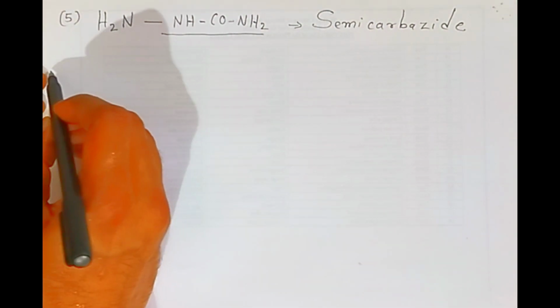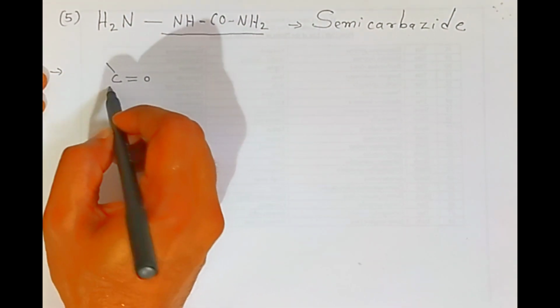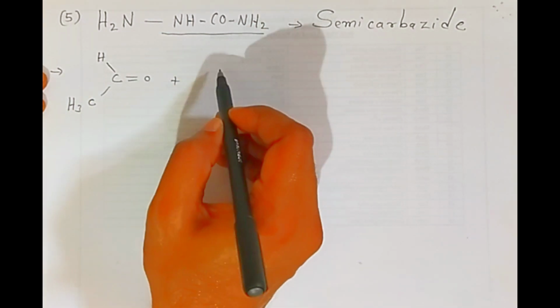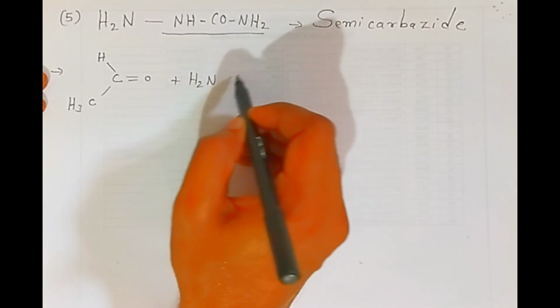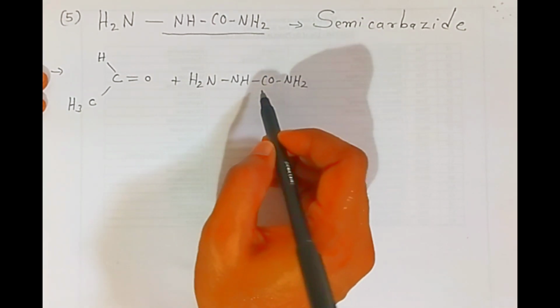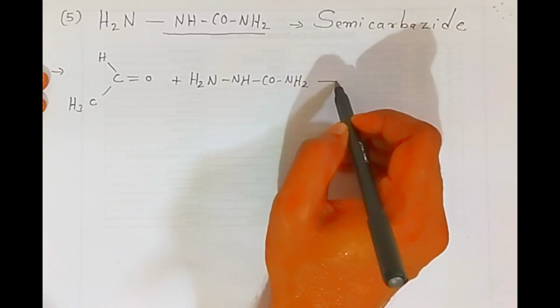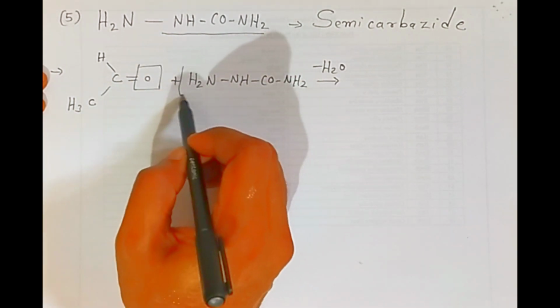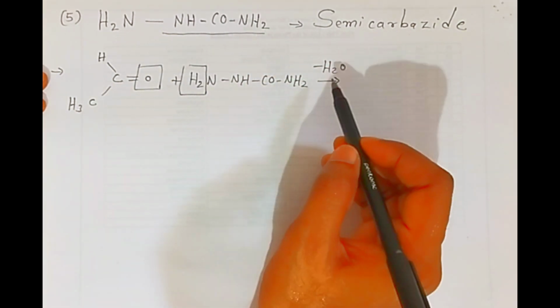Now this semicarbazide reacts with aldehydes and ketones like this, students. You have an aldehyde having hydrogen and an alkyl group, which now combines with semicarbazide. There is elimination of water molecules. Here oxygen combines with hydrogen of this semicarbazide.